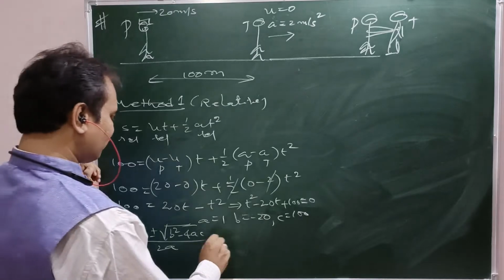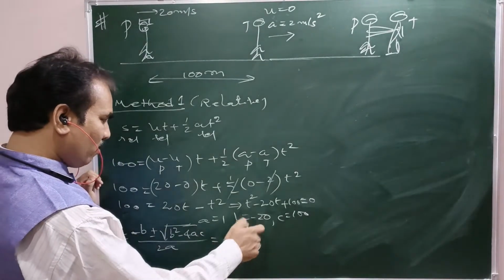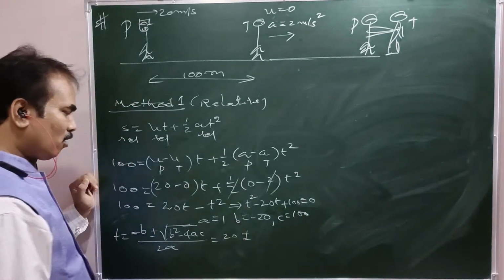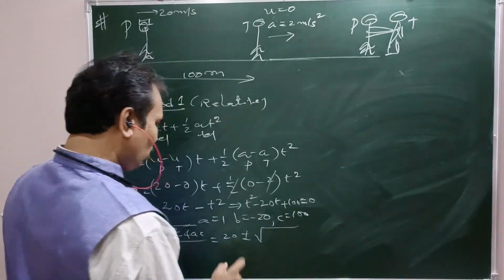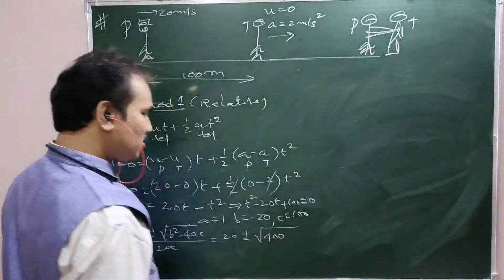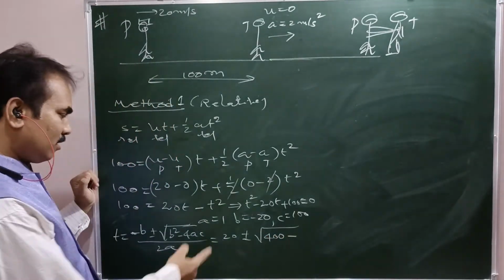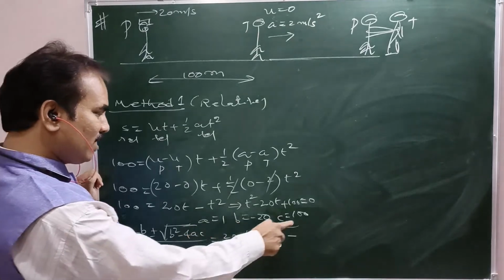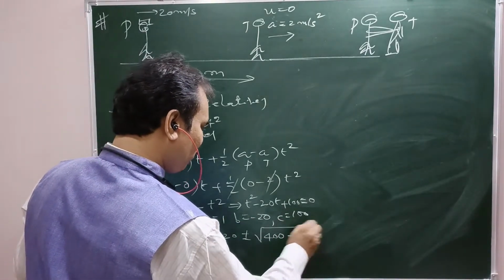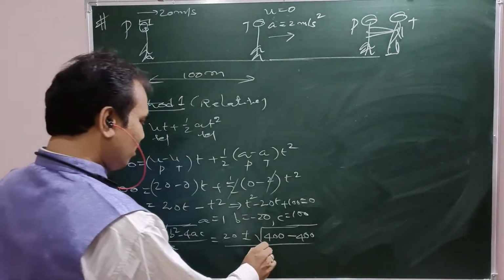That is t equal to minus b, which is 20, plus or minus root over b square, that is minus 20 whole square, which is 400, minus 4ac. 4 into a, which is 1, into c, which is 100, so 4 into 1 into 100 is 400, divided by 2 into a, which is 1.